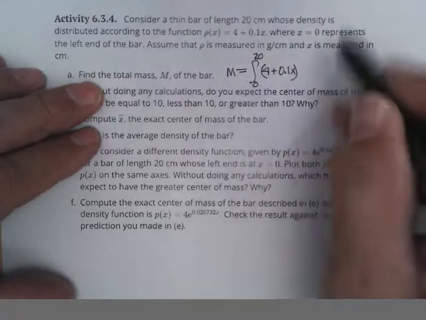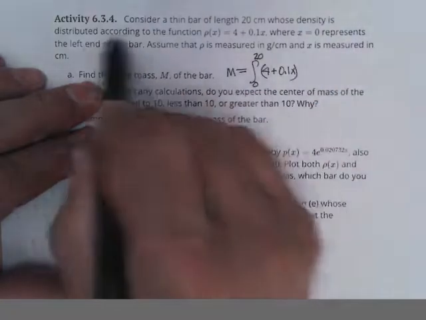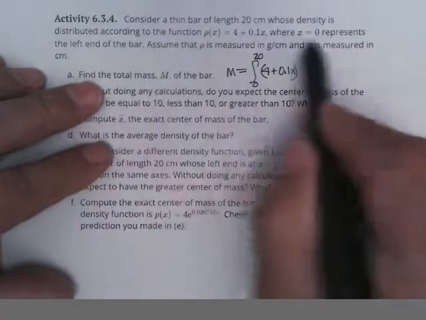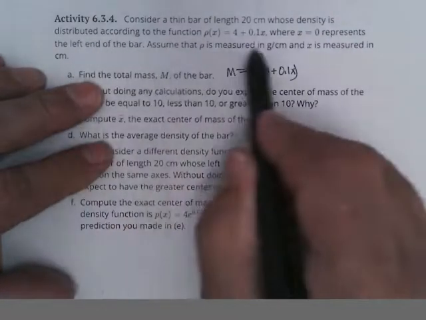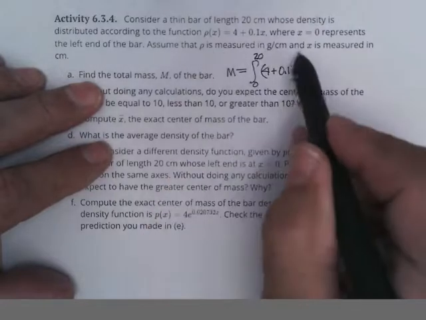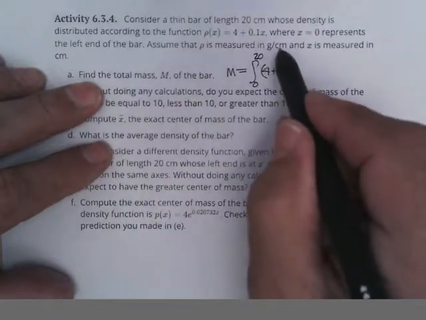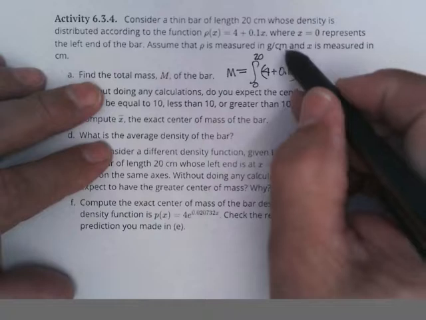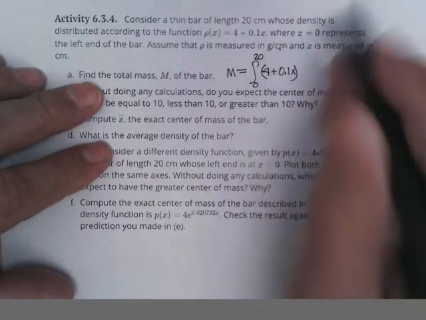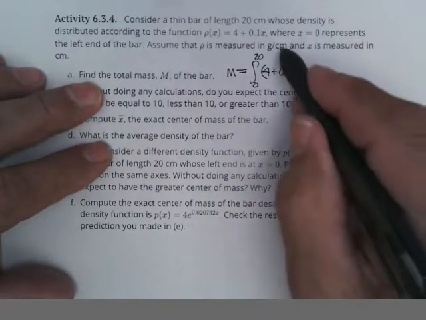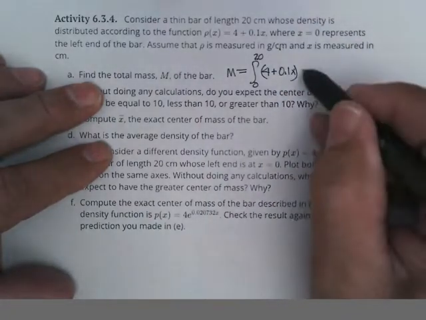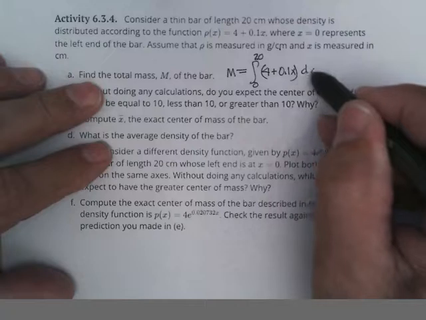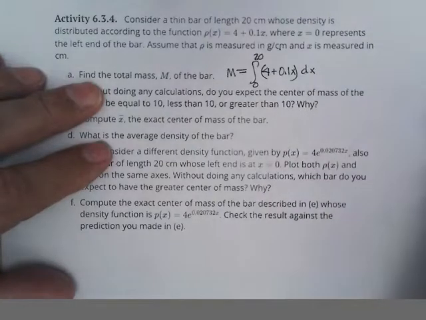So density times the volume, and it says here that this density is measured in grams per centimeter, so it must be a consistent cross section, and they've already taken out two of the centimeters, so all we have to do is times dx, and that will give us the mass.